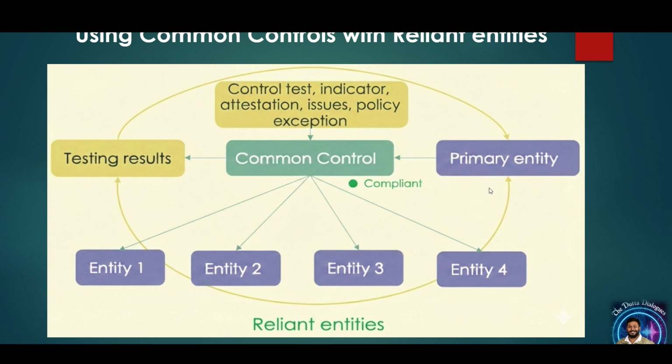Then we will convert the standard control into a common control. Let's consider this is a control which we had and it was a standard control. We'll convert this as a common control, and then we will add the reliant entities. Let's consider these reliant entities are finance, sales, and HR. Then what happens is we will be testing the primary entity, which is IT here, and all the reliant entities will automatically inherit the attestation results and compliance score.